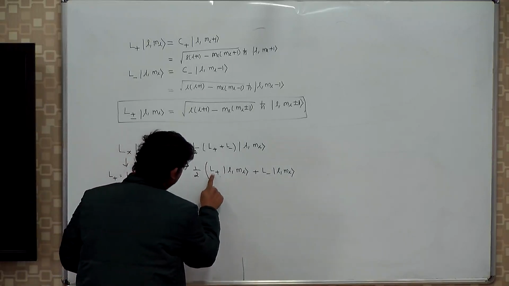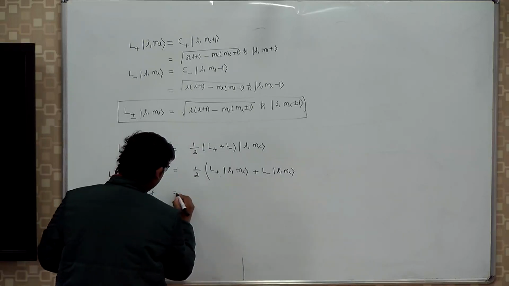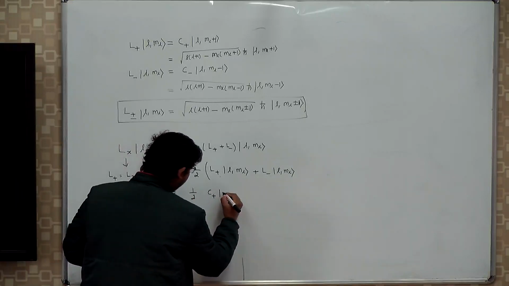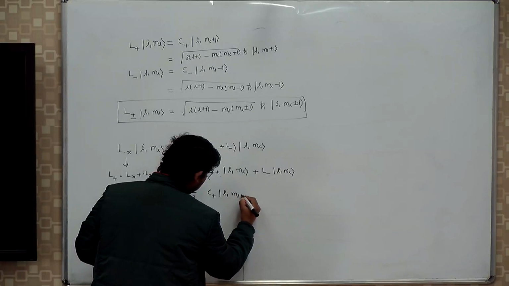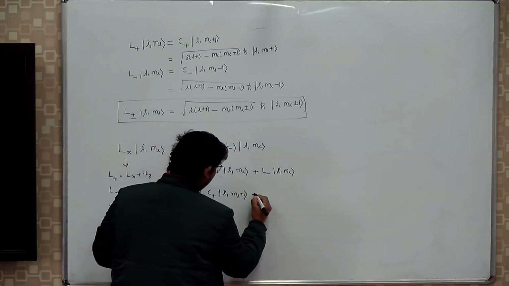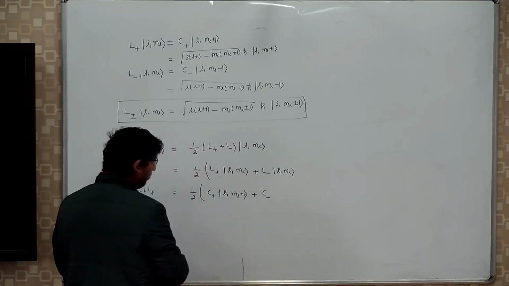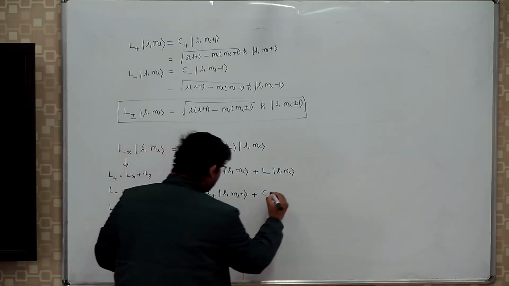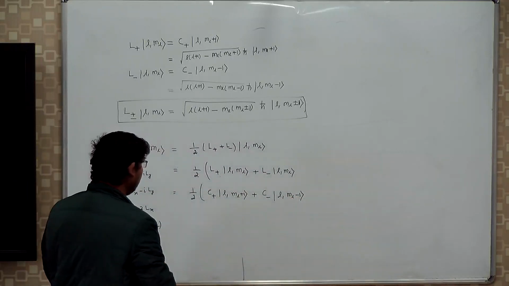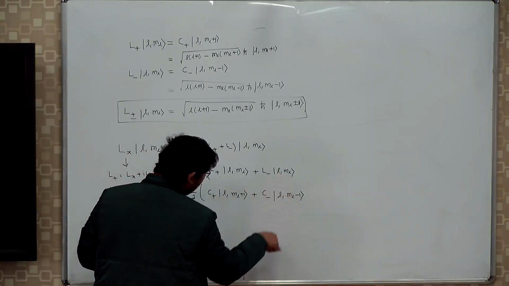We know that when L+ acts on this state vector, it gives the proportionality constant C+ with the state vector L, mL plus 1. Similarly, if L- acts on this state vector, we get the constant C- with the state vector L, mL minus 1. Here one quantum level moves up and here one quantum level goes down.